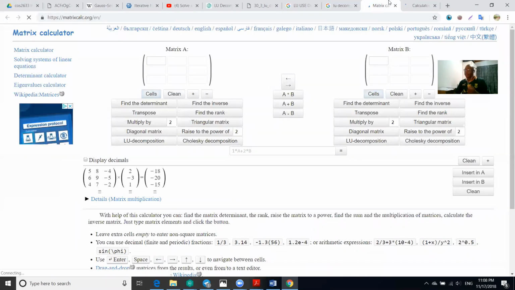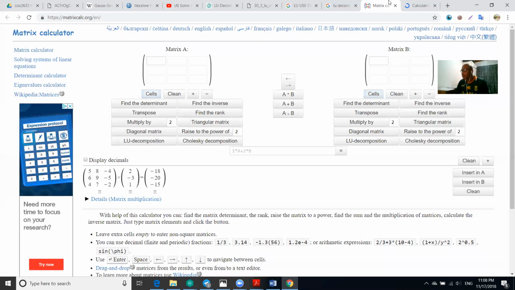Let's use the online calculator to see what happened. For x1, I did 4 minus 2 times 19 over 11 divided by 3. And I got 2 over 11. What am I doing wrong?